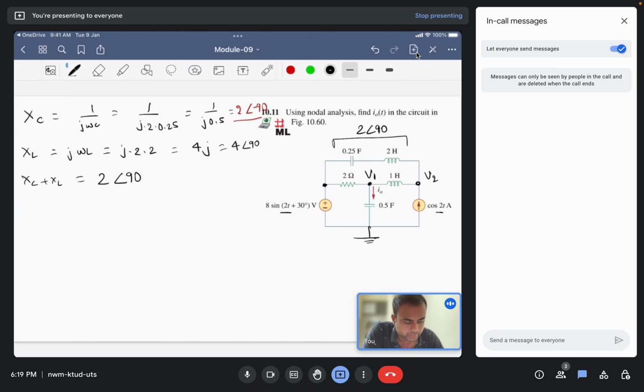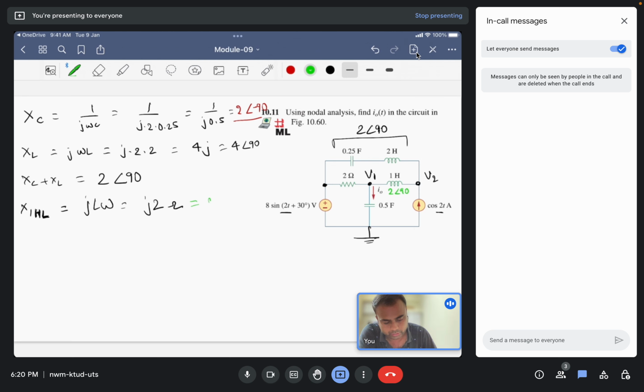There is also a 1 Henry inductor. For the 1 Henry inductor, this will be j L omega, so j2, which is 2 angle 90 degrees.